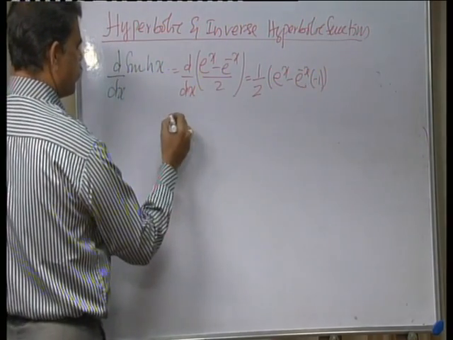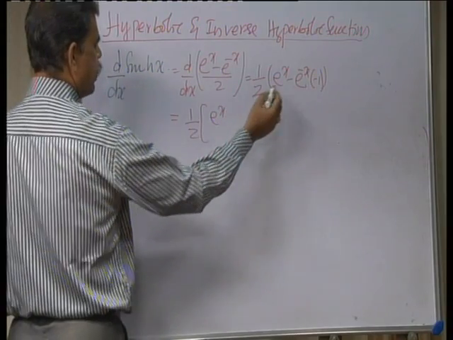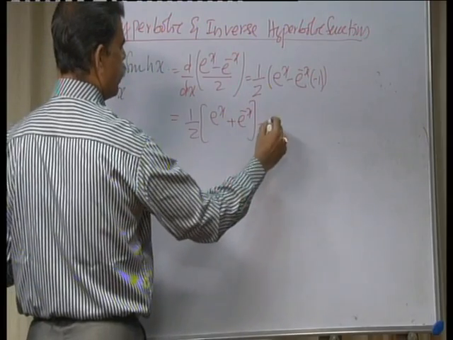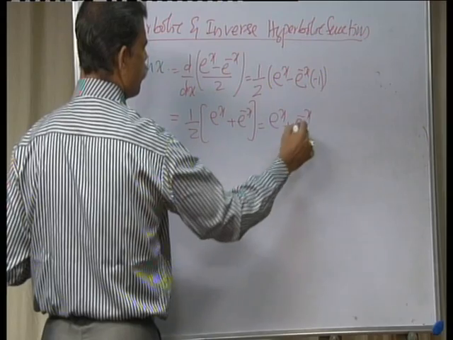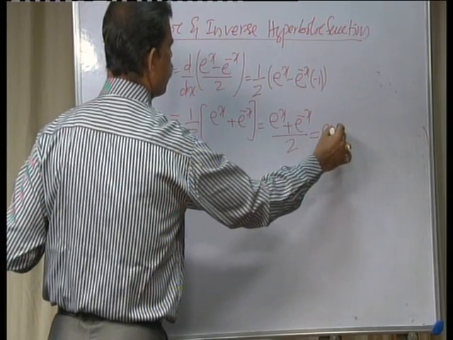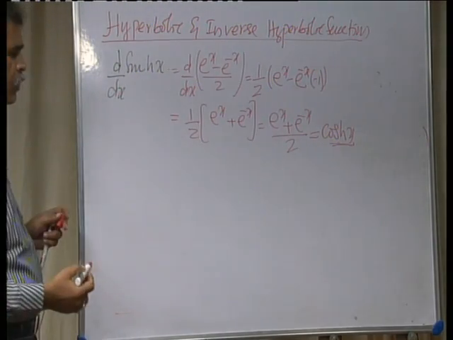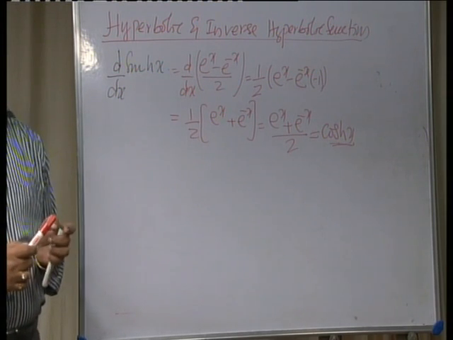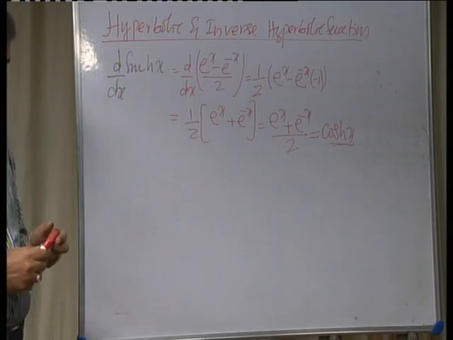Hence, it is equal to 1 by 2 into e to the power of x plus e to the power of minus x, that is e to the power of x plus e to the power of minus x divided by 2. It is always cos hx, that is, the derivative of sin hx is cos hx.